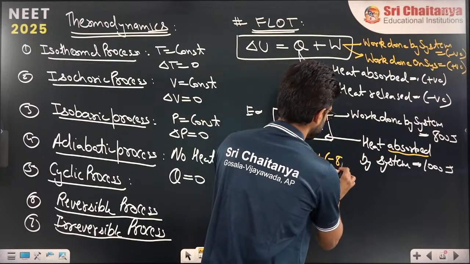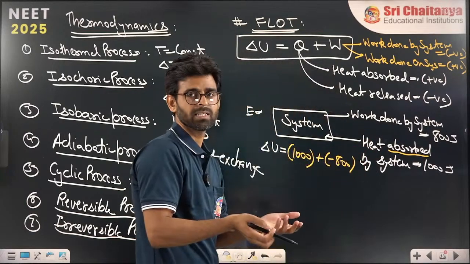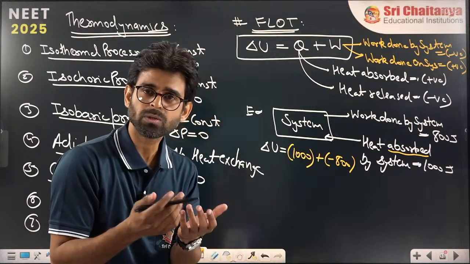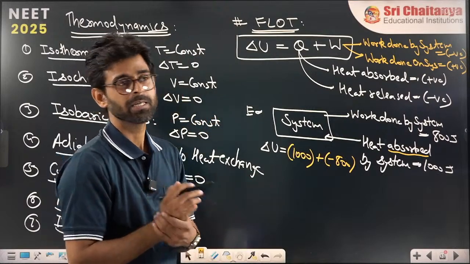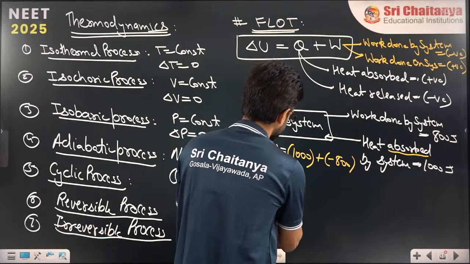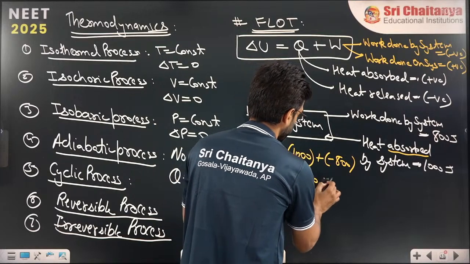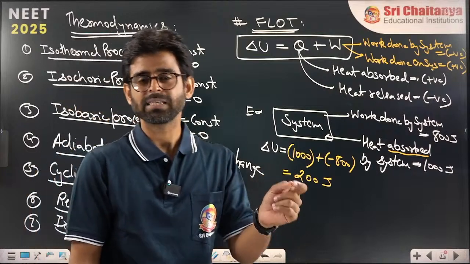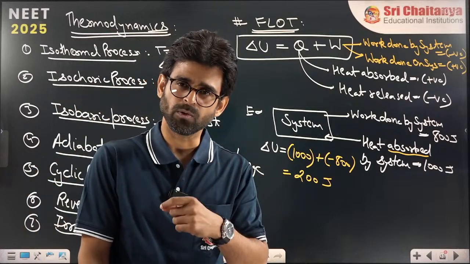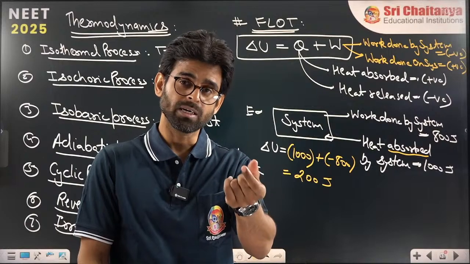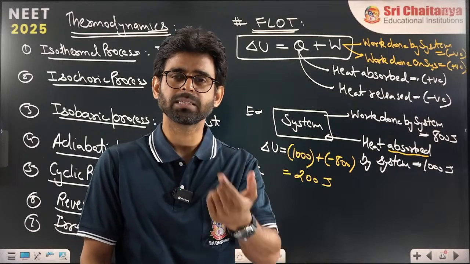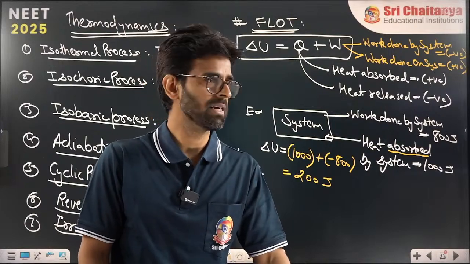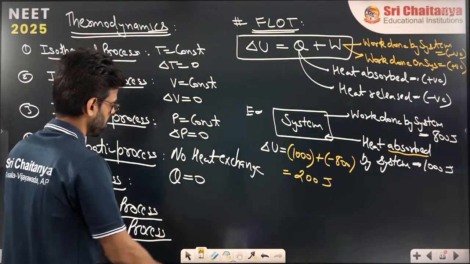Minus 800, because the system is doing work. If the system is doing work, it will cause a decrease in its internal energy, so I will take minus. Total how much is coming? 200 joule. Very important. NEET asked it last year, right? It's a very simple question. Heat absorbed, positive, released, negative. Work done on the system, positive. Work done by the system is negative, right? Clear? So be careful about it.